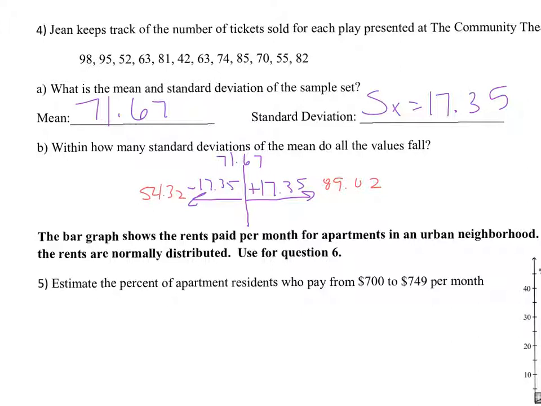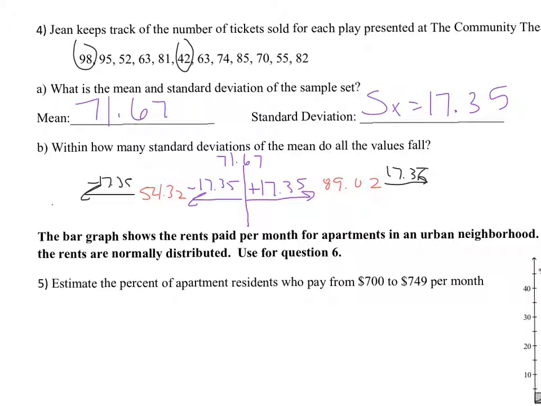Well, that does not fit my min and max, because my min here is 42, and my max here is 98. So 42 and 98, they are not in between those two numbers, so I have to move out again. So I subtract 17.35, and I'm going to be adding 17.35.